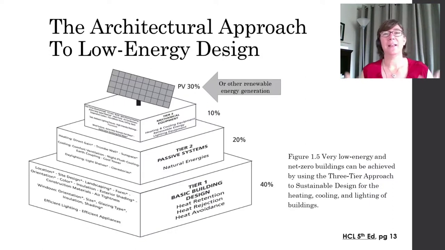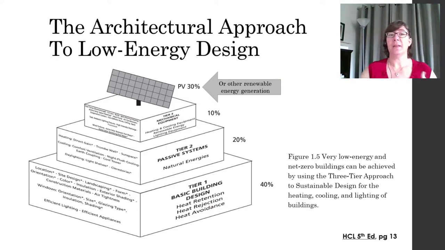So, how specifically can we as architects affect the sustainable design of buildings? Isn't that all the mechanical engineer's job? Turns out not so much. Architects have an enormous influence over the energy consumption of their building. And one way to think about it is this three-tier design approach.